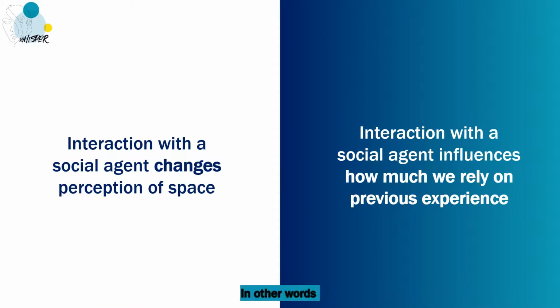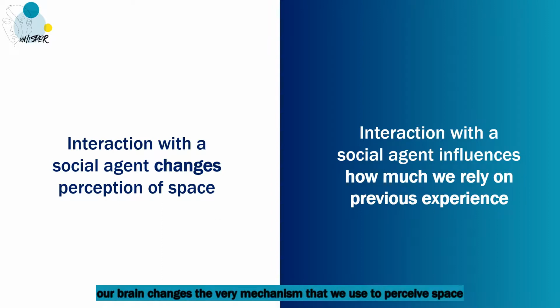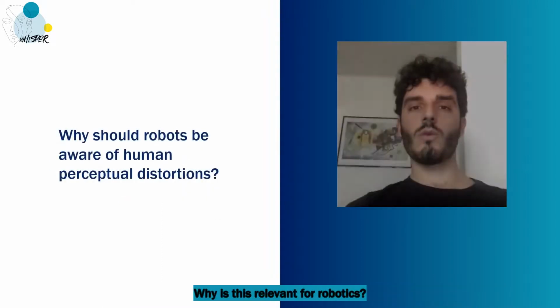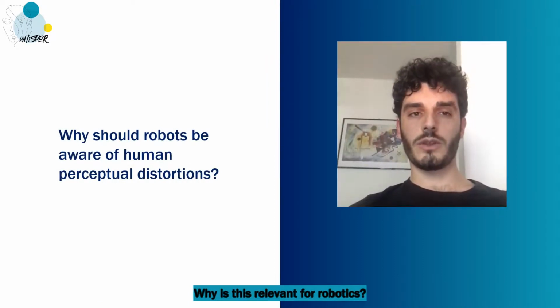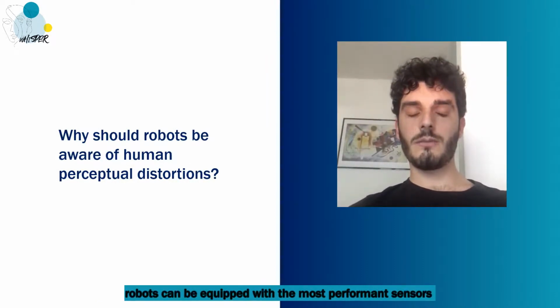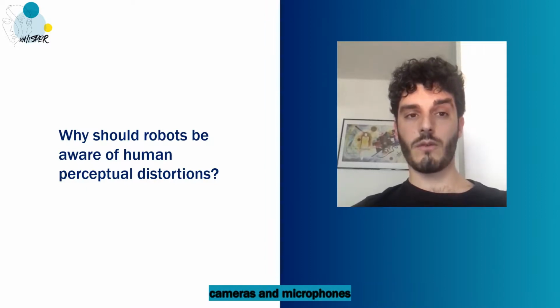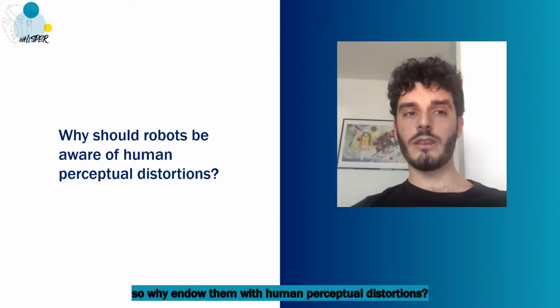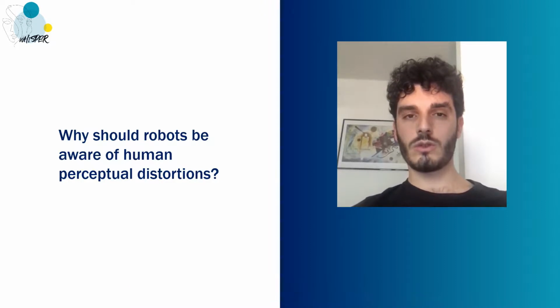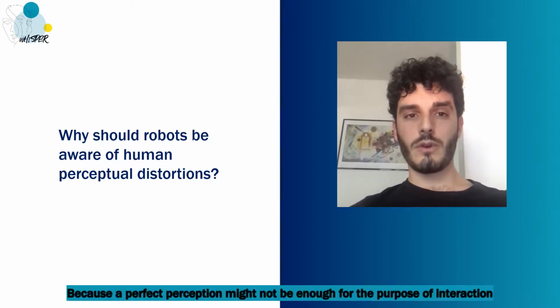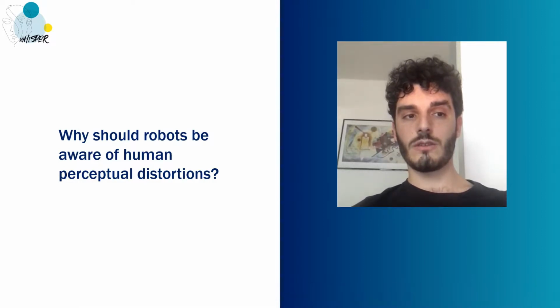In other words, when we are interacting with someone else, our brain changes the very mechanism that we use to perceive space. Why is this relevant for robotics? Robots can be equipped with the most performant sensors, cameras and microphones, so why endow them with the human perceptual distortions? Because a perfect perception might not be enough for the purpose of interaction.